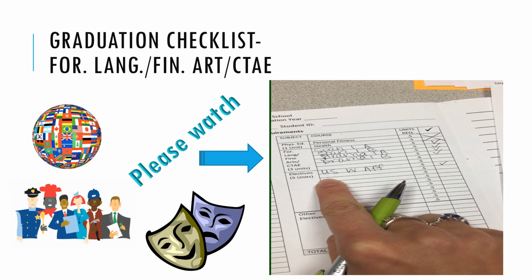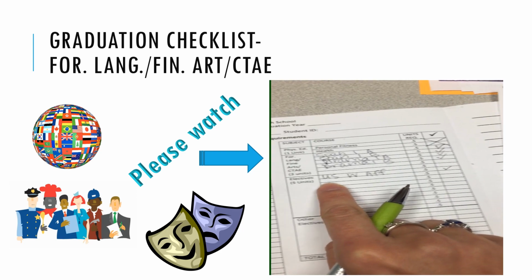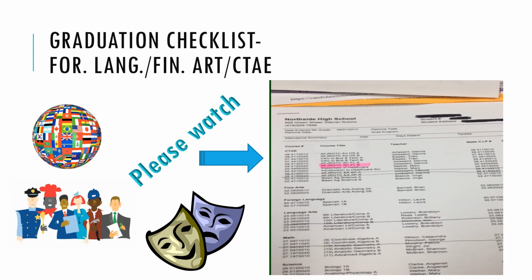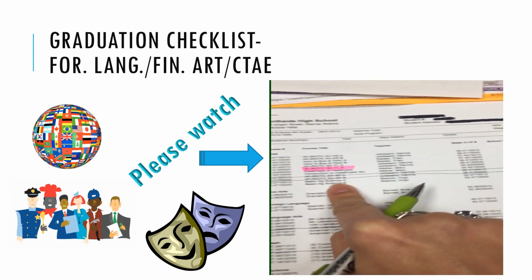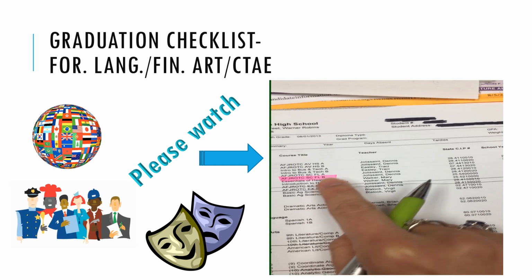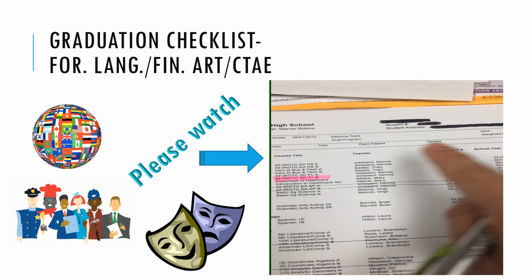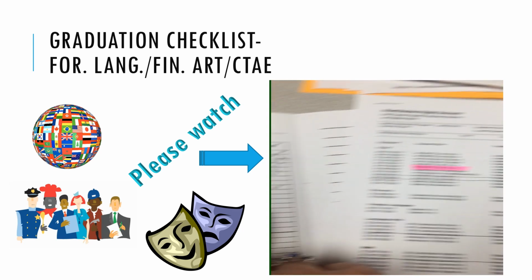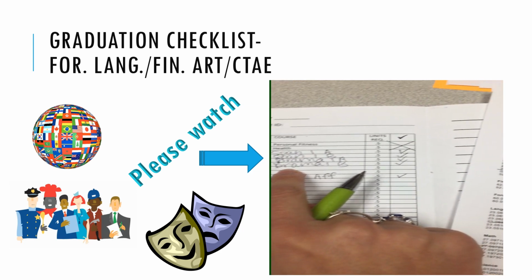The next group of courses you're going to look at are CTAE courses. CTAE courses are also found in their own section on the transcript. This student has taken quite a few CTAE, and they are listed here. I will go through and list each one of these courses that he has received and put them in the elective section, starting with the CTAE section.